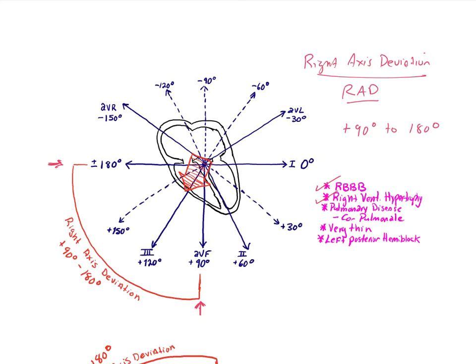The right ventricle is enlarged. Pulmonary diseases, and a particular kind of disease known as cor pulmonale. This is a right-sided heart failure associated with chronic obstructive pulmonary disease that tends to cause RVH, right?